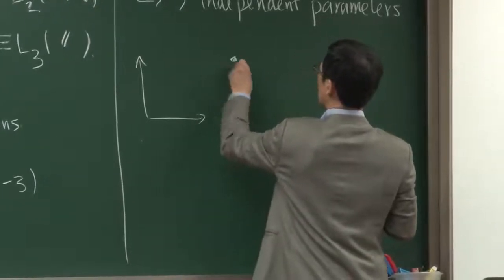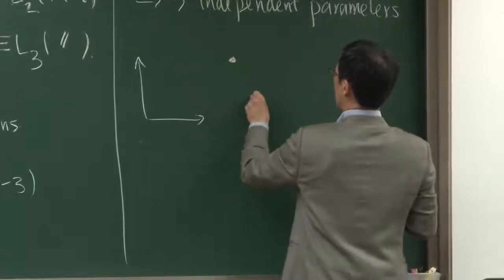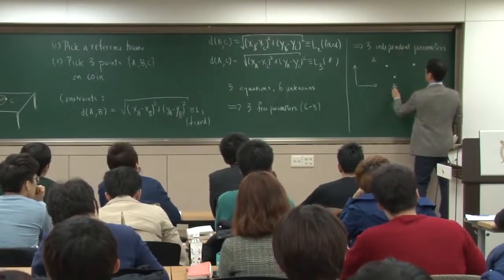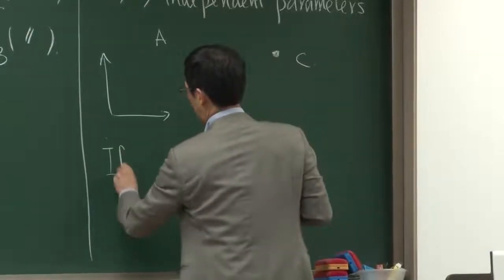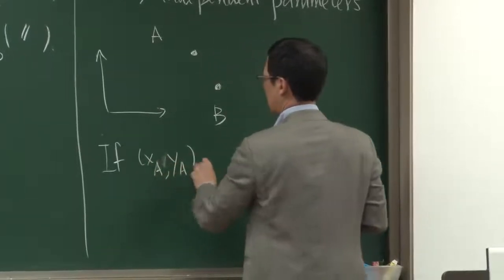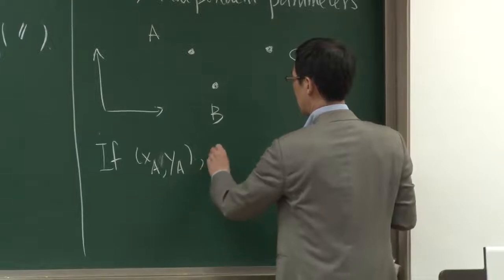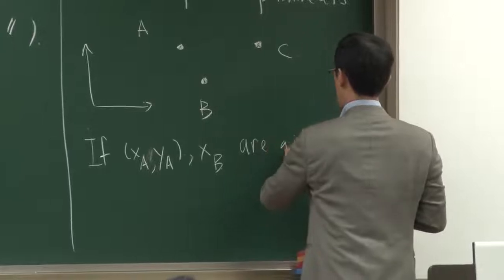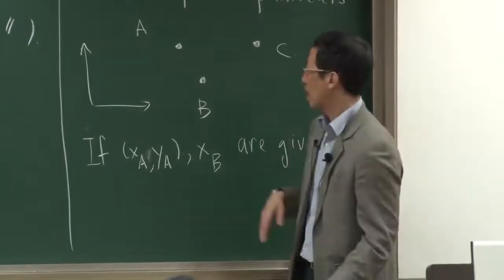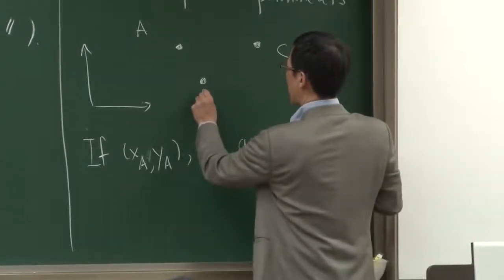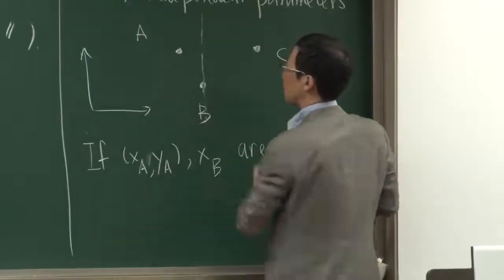Here's point A, here's point B, and here's point C. So here's A, B, C. If XA and YA are given, and XB is given, that means we know that the point B lies on this line somewhere.